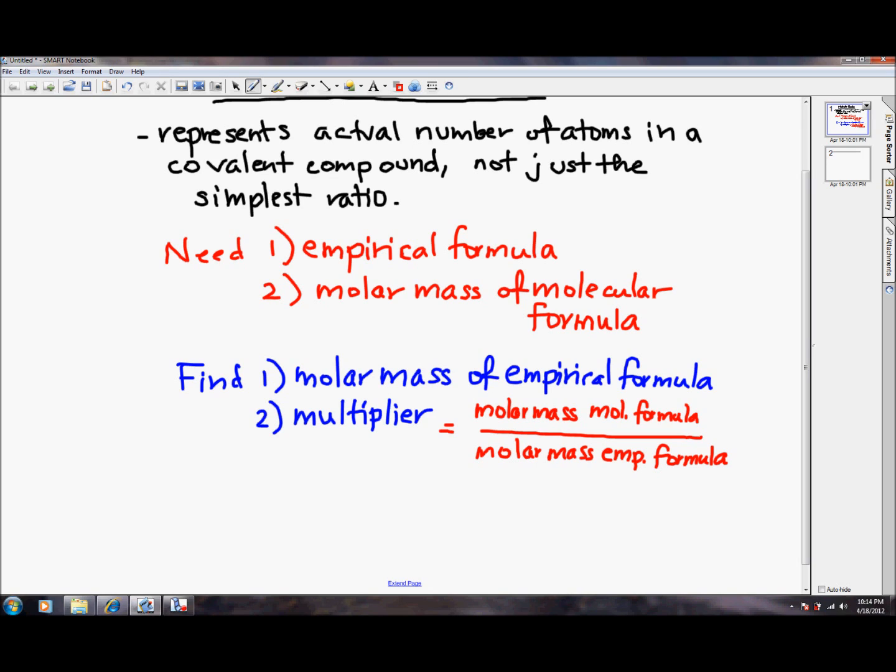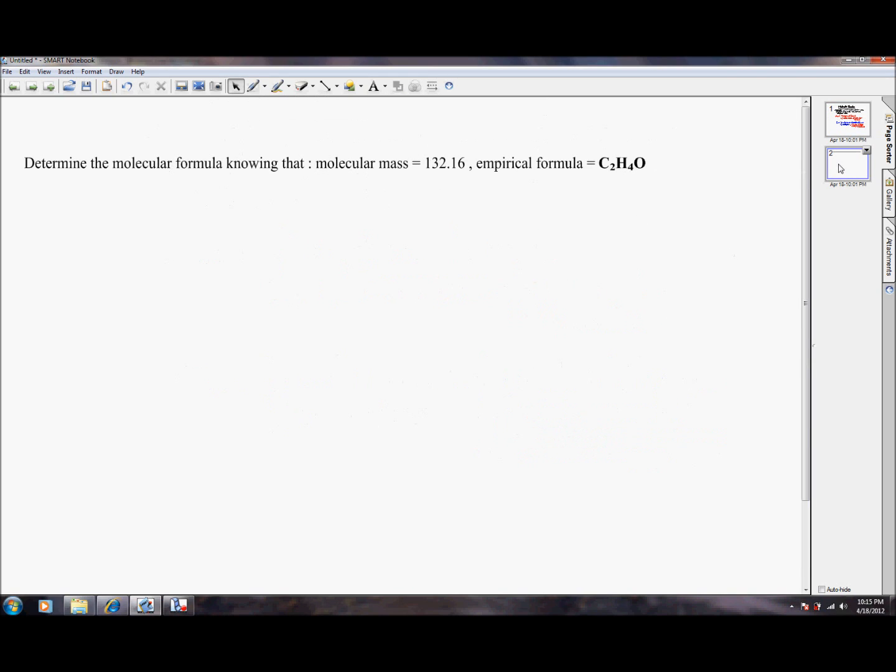Let's look at an example problem for this. So here's our first problem. It says we're going to determine the molecular formula knowing that the molecular mass is 132.16, and they give us the empirical formula, C2H4O.